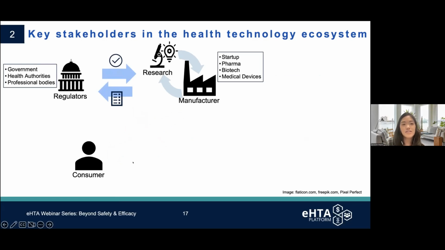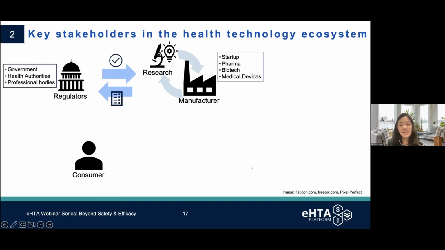So regulators like government, health authorities, and professional bodies are responsible for monitoring technologies, ensuring the sustainability of the system, and ensuring that patients get equal access to safe and effective drugs. And each country will have its own regulations. So just a tip right there: it's important to understand the framework in which you expect to market your product.